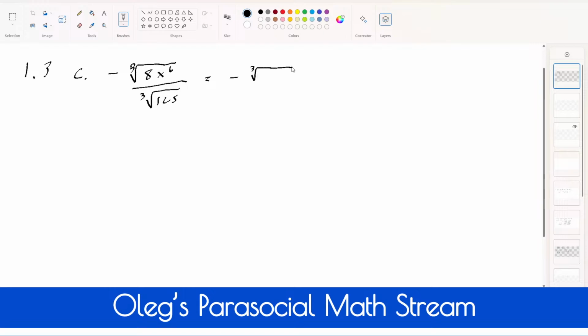The top, because it takes the third power, is 2, and then that should be x squared over 5. Negative 2x squared over 5.